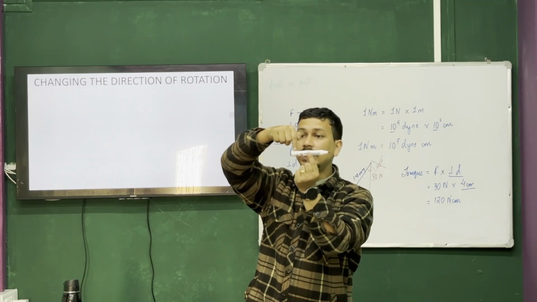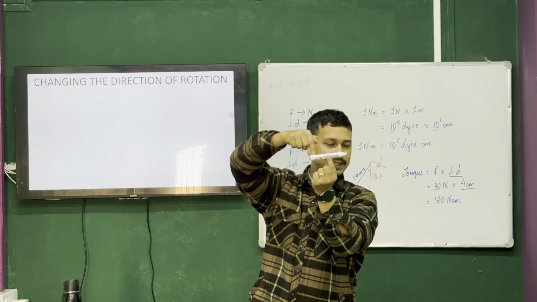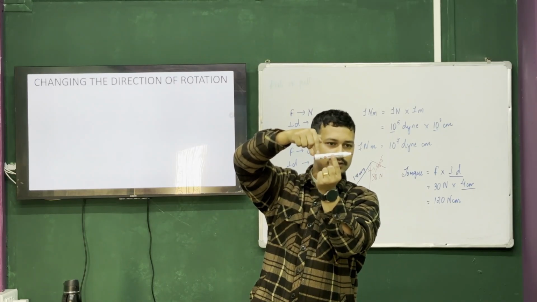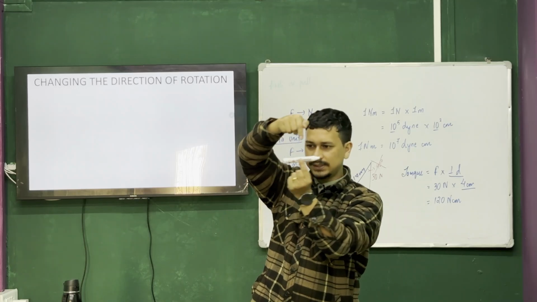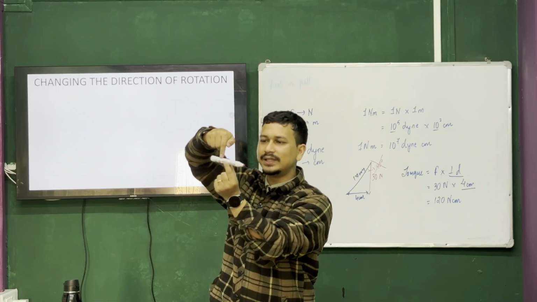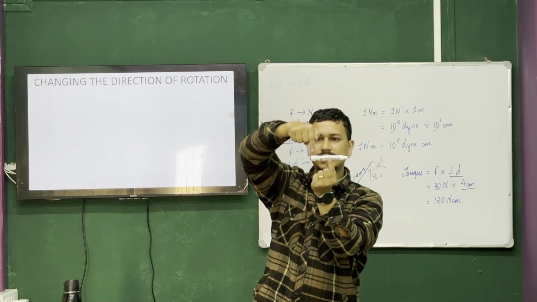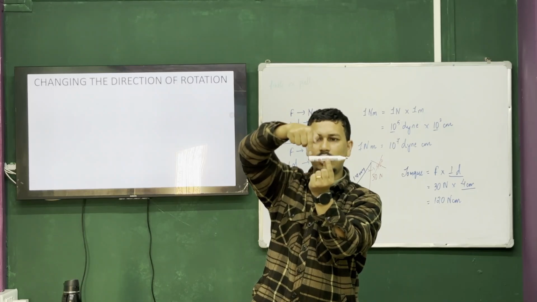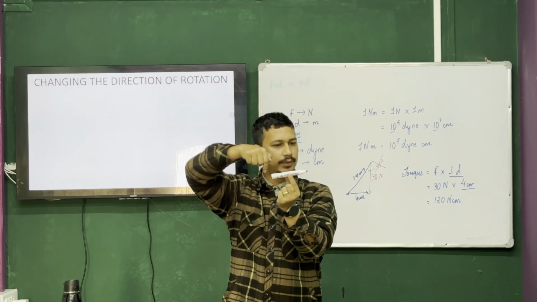By changing the position. See, if I push it here, won't it rotate clockwise now? That means one way to change the direction of torque is by changing the point of application. Very good, Abigail.